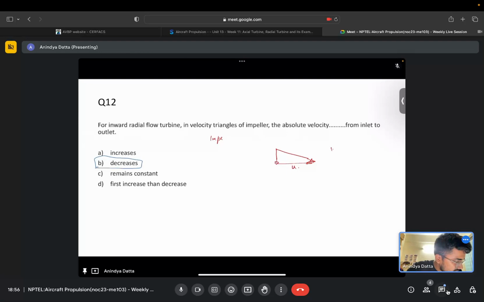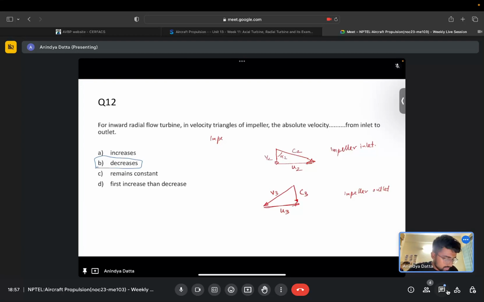So at impeller inlet, this is u2, this is v2, this is c2. Then at impeller outlet, generally the flow exits axially, so we have u3, this is v3, and this will be our c3.